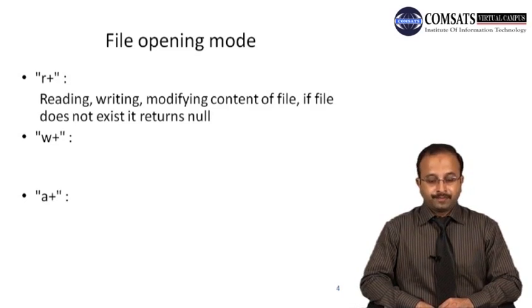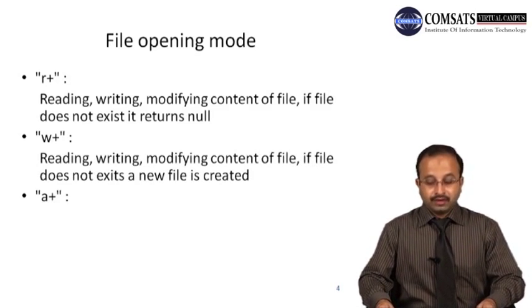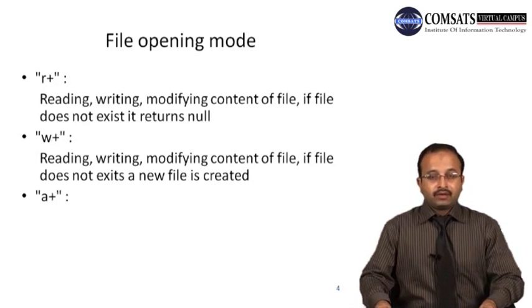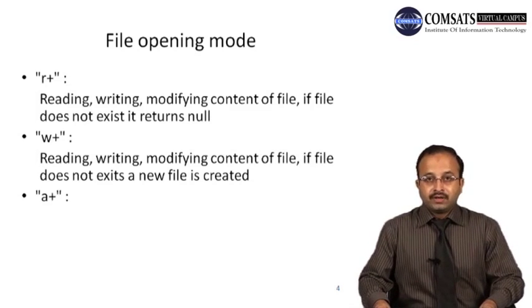W plus mode: reading, writing, modifying existing content. If the file does not exist, a new file is created. And if a file with the same name already exists, the content of the previously saved file will be destroyed.